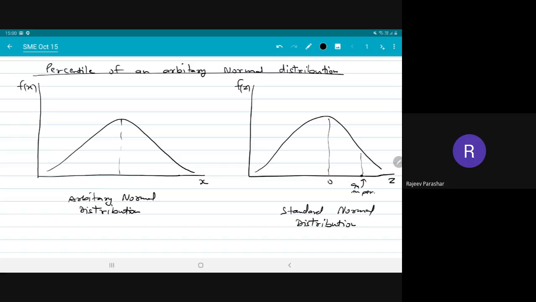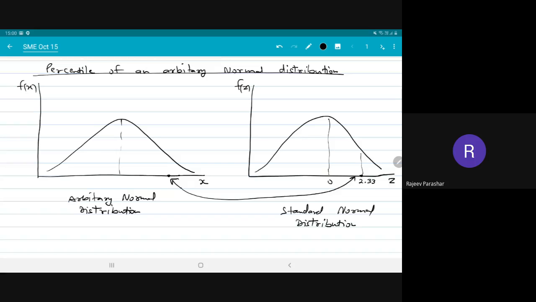Then we look for the corresponding value here, and we will be able to find our percentile. We know that for the 99th percentile this value is 2.33 for standard normal.